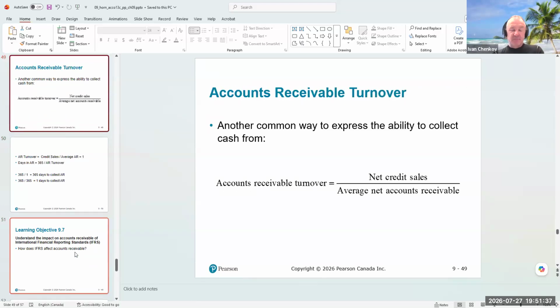So again, what is important from this chapter for you to understand and to practice is the three methods of calculating the allowance for doubtful accounts. The first method is percentage of sales, the second method is percentage of accounts receivable, and the third one is the aging of accounts receivable.